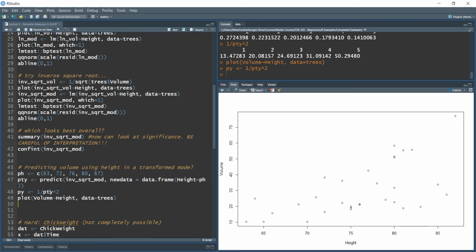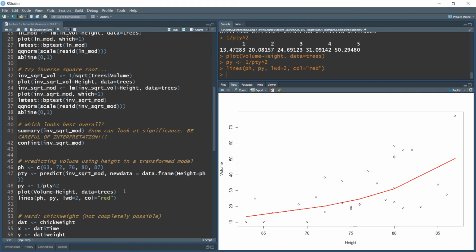So you can either do this using points or lines, depending on if you just want to put a single point here. If you want to connect them in a line, I'll connect them in a pretty line. So pH is going to be my X values, PY is going to be my Y values. I'll make the line width a little thicker, and I'll make the line color red. And I'll really hope that this works.